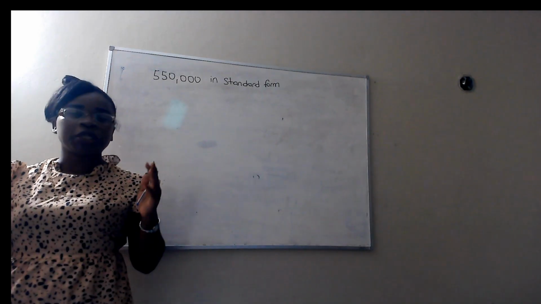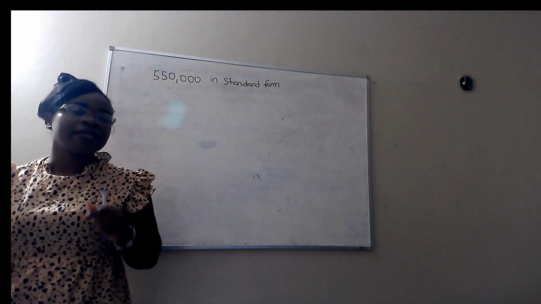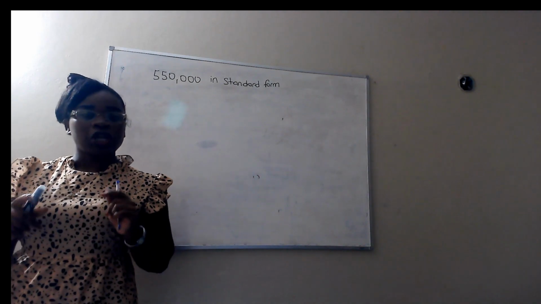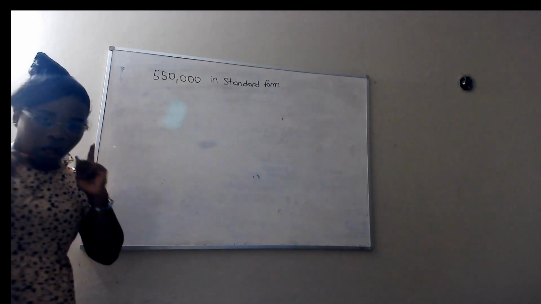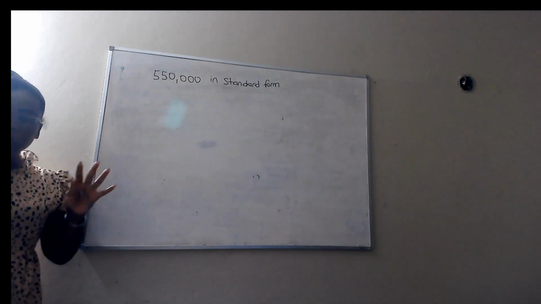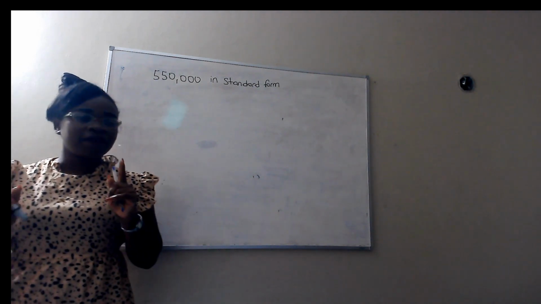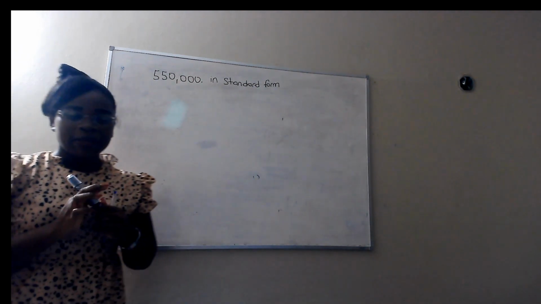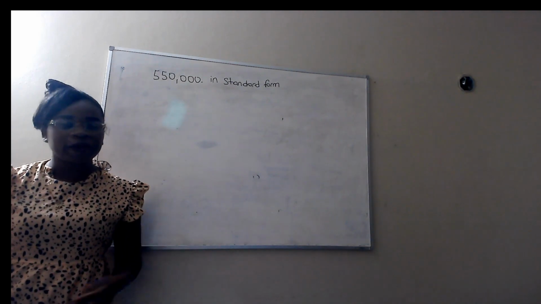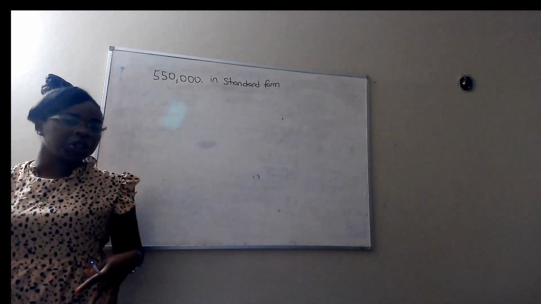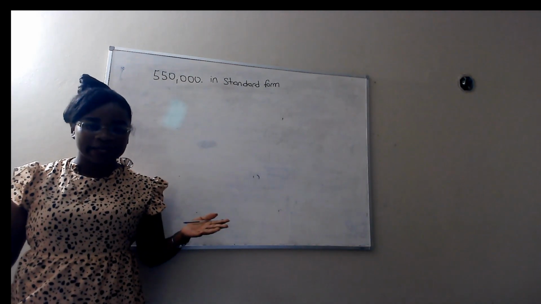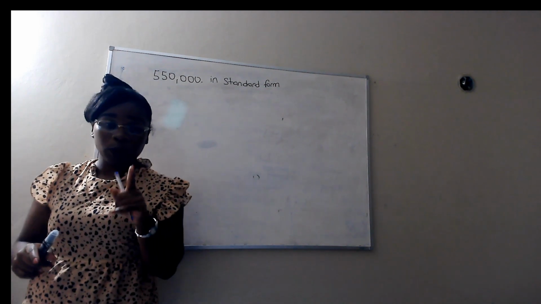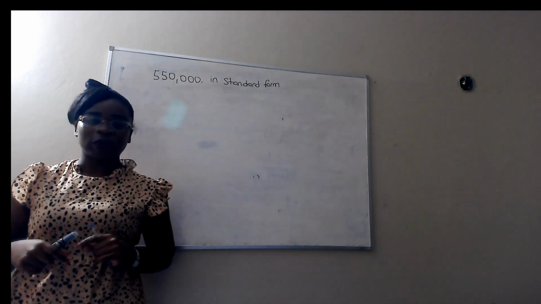Now, 550,000 in standard form. Always remember this: all whole numbers have an invisible point at the end. Whenever we're talking about standard form or scientific notation, this point comes in handy because that's the point that we're going to move to another location.